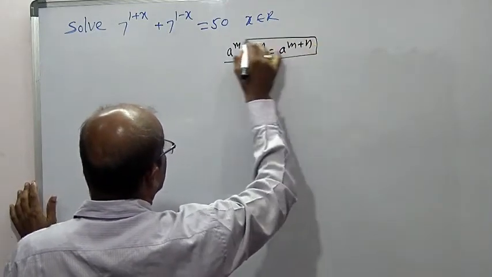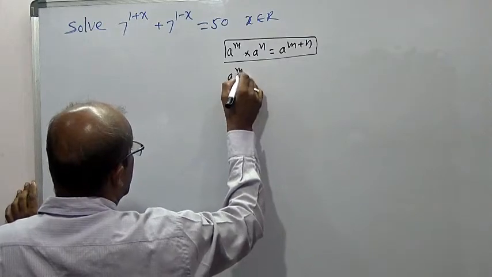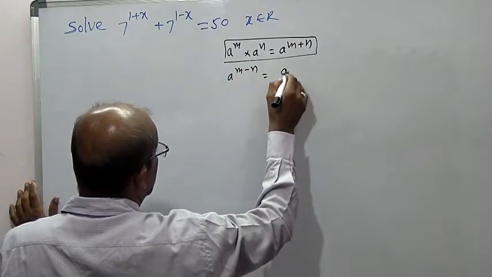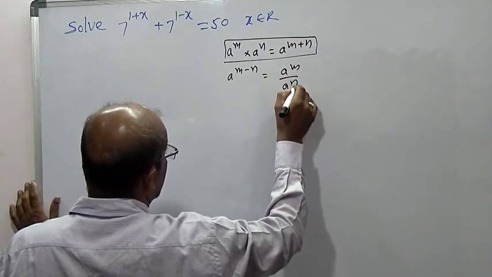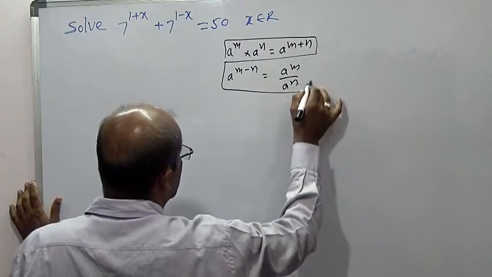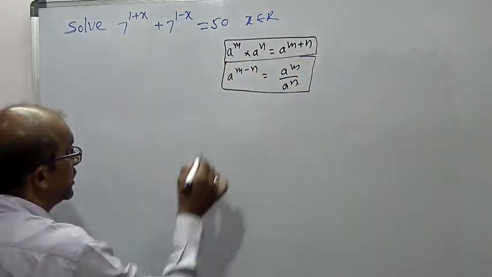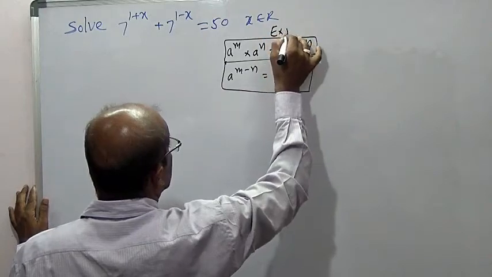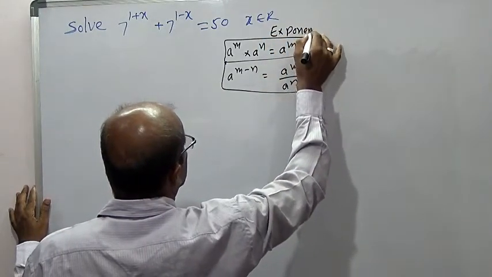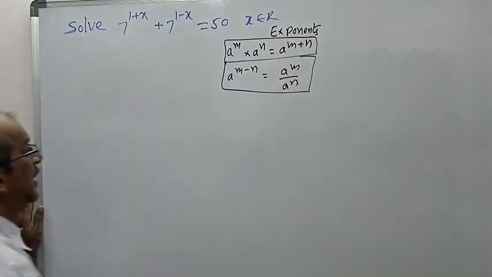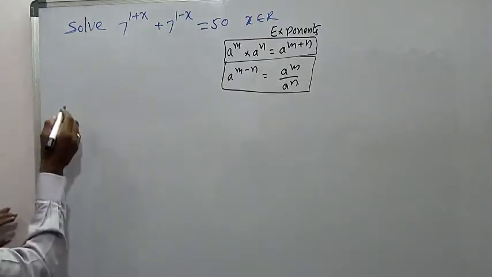This is one. And a power m minus n equal to a power m by a power n. This is another one from the lower classes exponents chapter. Now apply those formulas here.